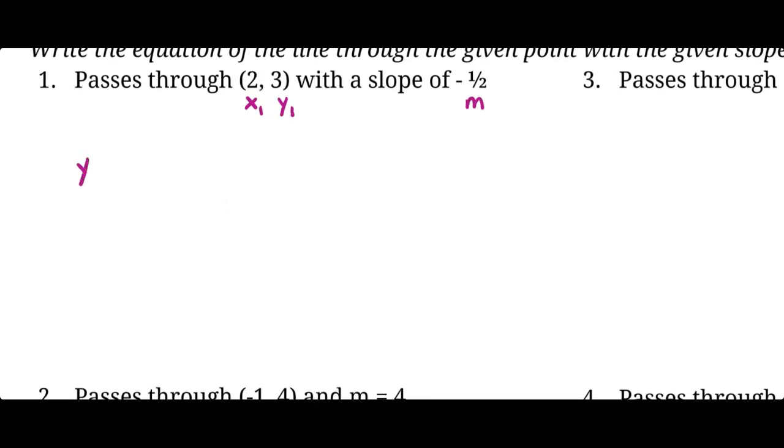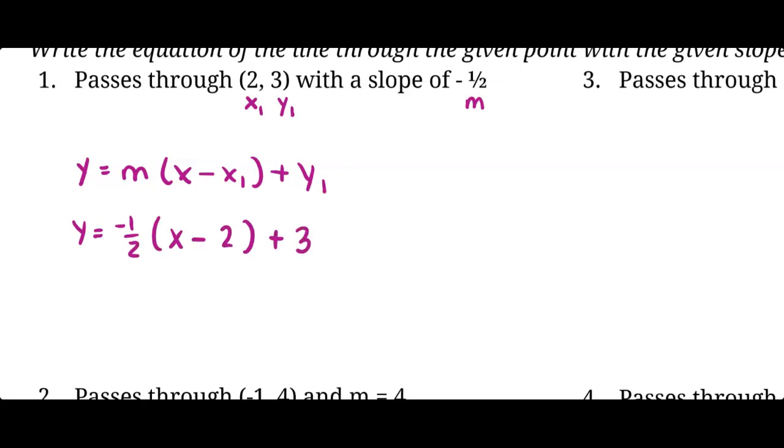So when we plug in to y equals m times x minus x1 plus y1, we're going to have y equals negative 1/2 times x minus 2 plus 3. Once you've plugged in, then because we want to go to slope-intercept form, we're just going to simplify.